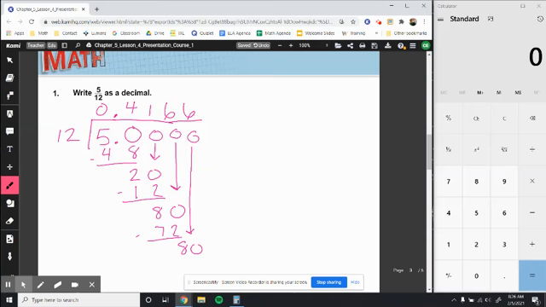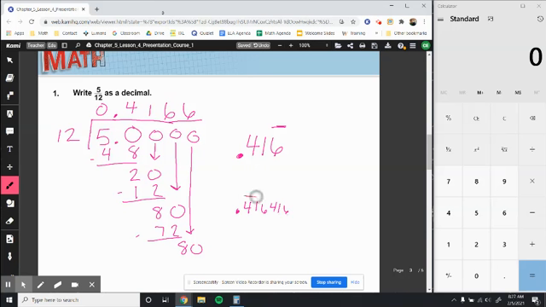So what we're going to do is use the bar notation. Which means that when we are writing this decimal, we are going to put 0.416 and then have the line above just the 6, okay? Because 6 is the only number that is repeating. We are not going to put it above all 3 because then that means that the pattern is going to be 0.416, 416, and so on.